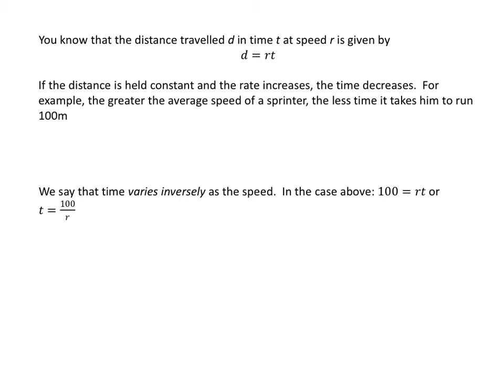For example, the greater the average speed of a sprinter, the less time it takes for him to run 100 meters. Right, so in this case, that 100 meters is our distance. And we've got a rate and a time. Well, if I want to know what the time is, I simply divide by the rate.